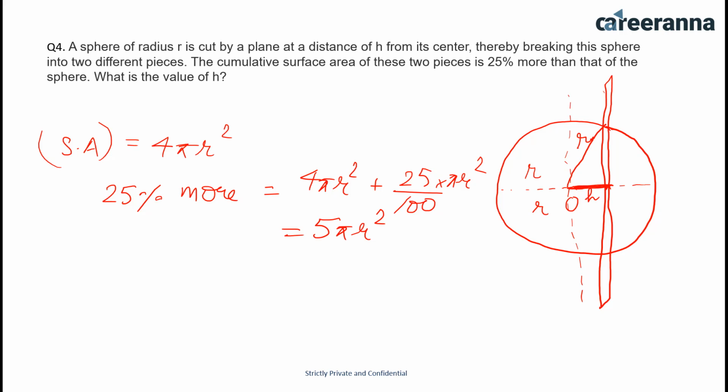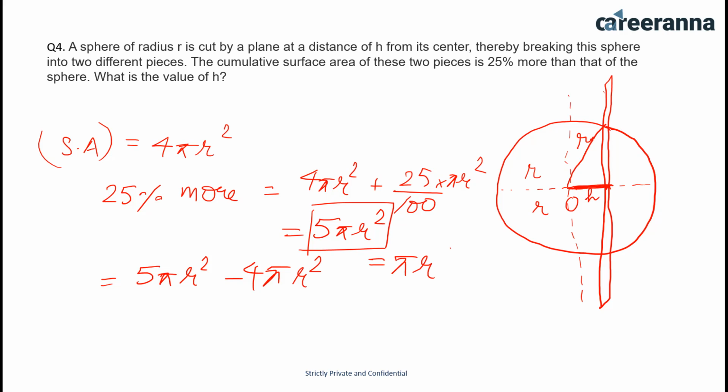So cumulative surface area of these pieces is 5 pi r square. Now the difference between the original and the new surface area comes out to be 5 pi r square minus 4 pi r square, which is equal to pi r square. Now this is the difference between the original and the new surface area. So I assume that the new surface area is divided equally in both these pieces. So pi r square by 2 for any of the newly formed pieces. I'll assume the radius of this circle to be r1.